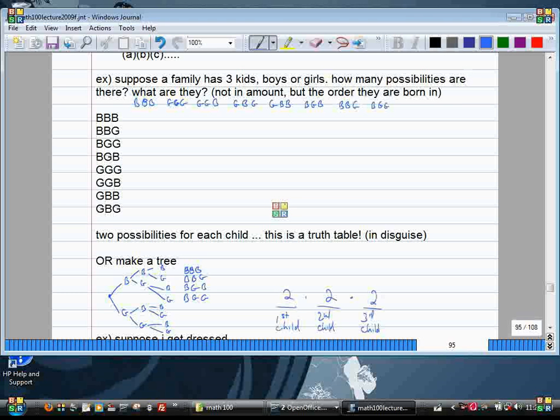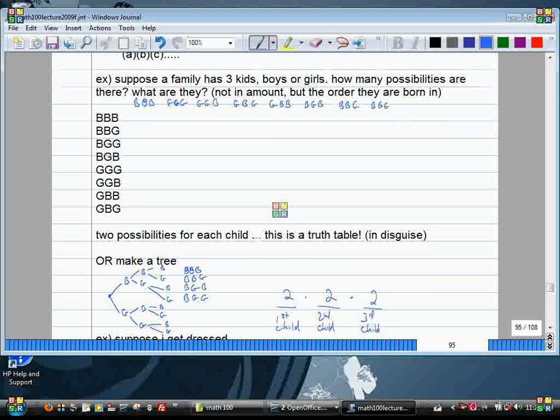So the first event is the first child, 2 possibilities. Second event, second child, 2 possibilities. So you wind up with 2 times 2 times 2. You don't just say, I've got 3 kids, each one could be a boy or a girl, so I do 3 times 2. Because you have not split it up into the events, where each event has 2 different possibilities.